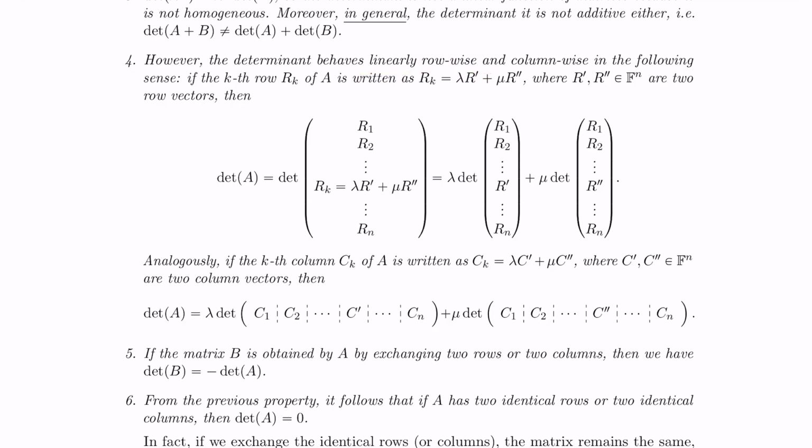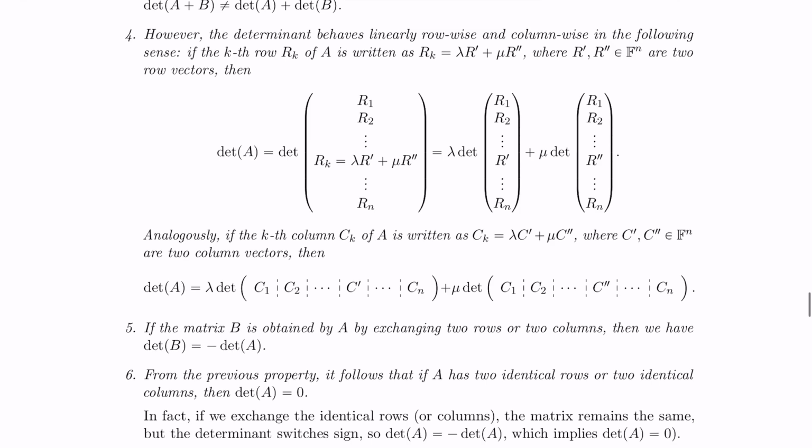As you can imagine, column-wise linearity is defined in an analogous way, which means that if we consider the generic kth column as this linear combination, where C prime and C second are two column vectors of Fn, then the determinant of A has this column-wise linear behavior. We will see an exercise to better understand this property.